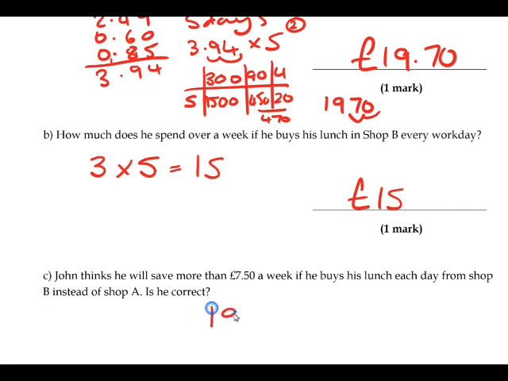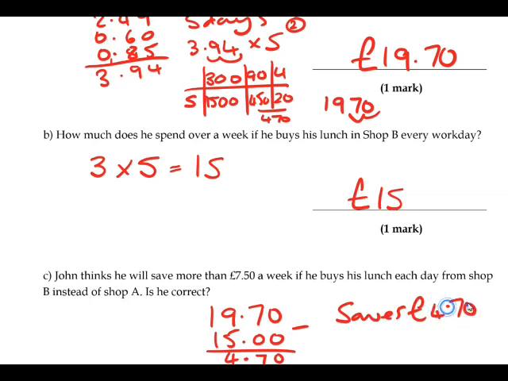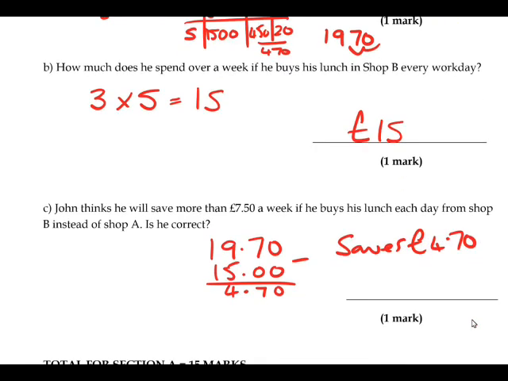Well, we've got £19.70, the Shop A price. We've got £15 as the Shop B price. If we take one from the other, it will actually tell us how much he saves. So he saves £4.70. So we need to answer the question, no, he only saves £4.70.